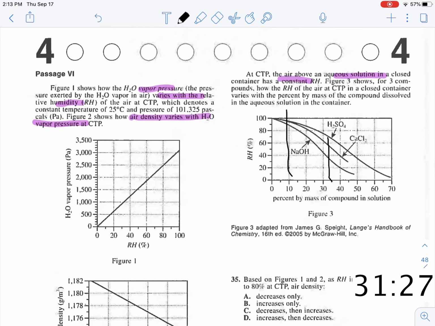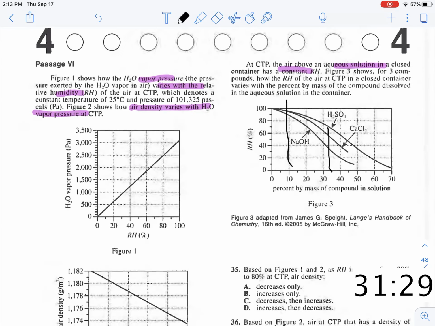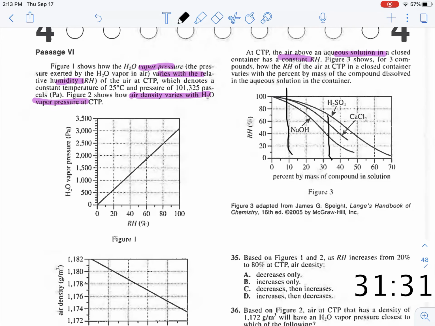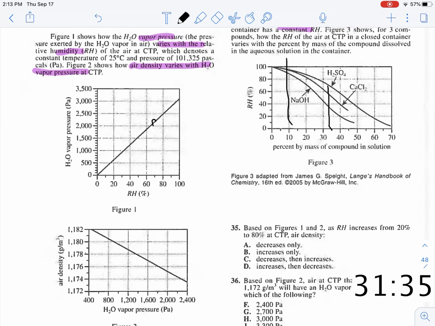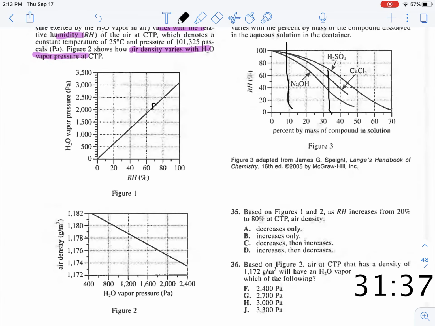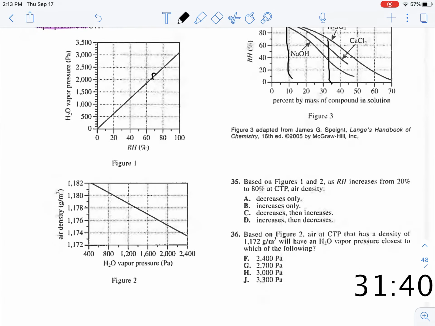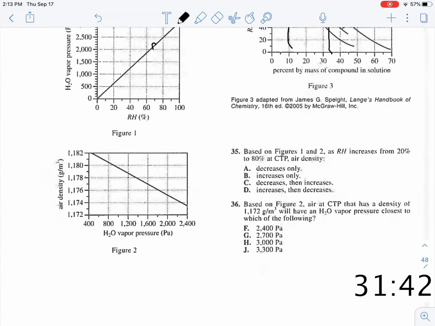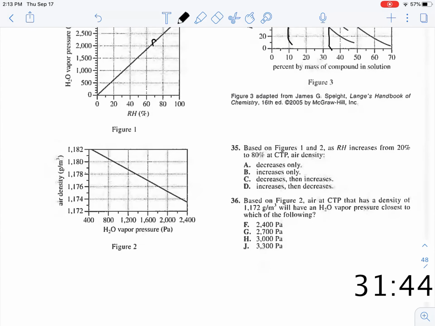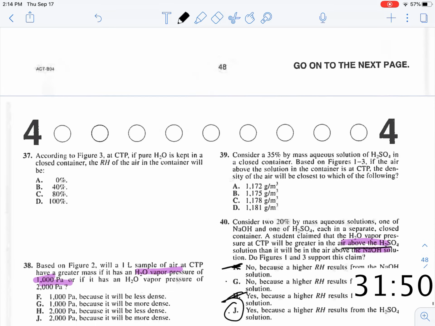Okay, so we have 70% relative humidity, which corresponds to about that 2250 vapor pressure, which is about over here. So 1174.